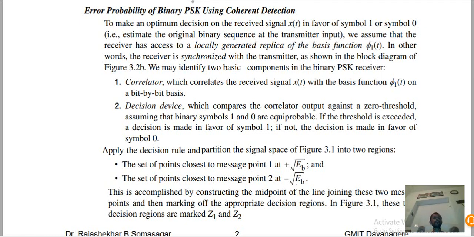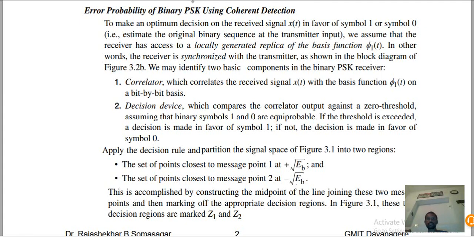To make an optimum decision on the received signal x of t in favor of symbol 1 or in favor of symbol 0, that is, to estimate the original binary sequence at the transmitter input, we assume that the receiver has access to a locally generated replica of the basis function phi 1 of t.